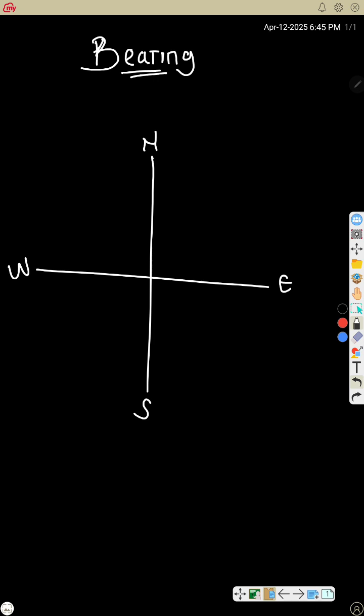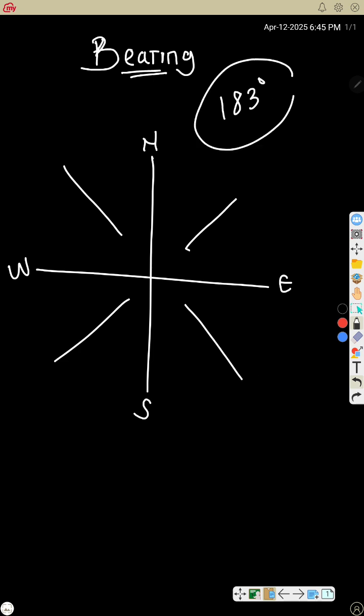If I ask you to locate a bearing of 183 degrees, where do you think 183 degrees will fall in this quadrant? Is it here, here, here, or here that you can find 183 degrees?